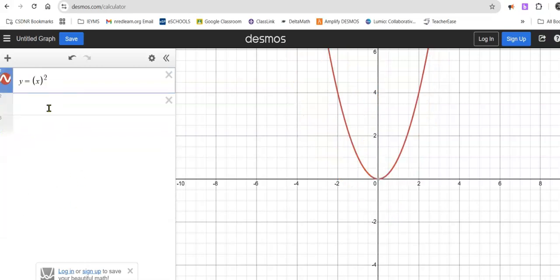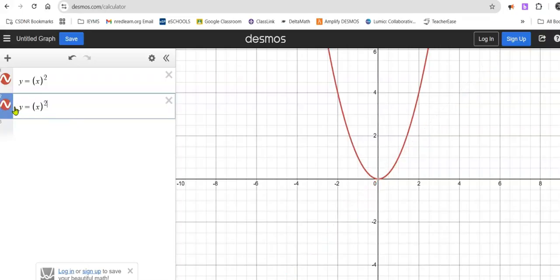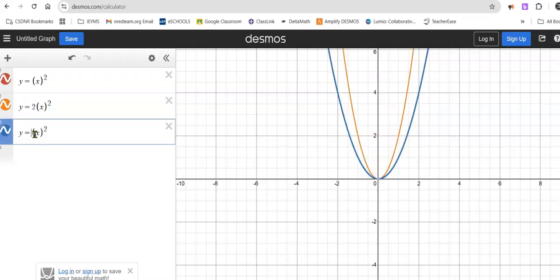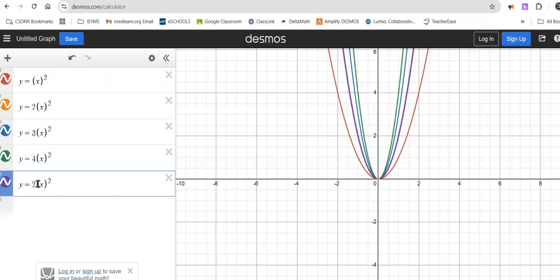Now, instead of adding a constant, what if this time we add a coefficient? Let's see. What if I times this function by 2? Or what if I times it by 3? Or what if I times it by 4? Do you see how this parabola is getting more and more narrow with every coefficient that I put?